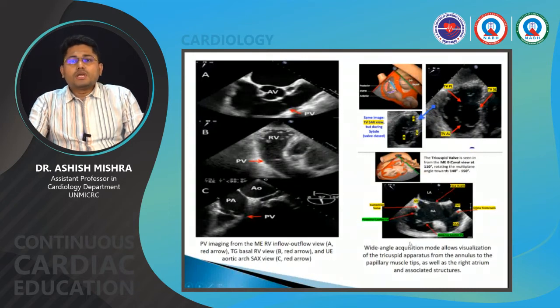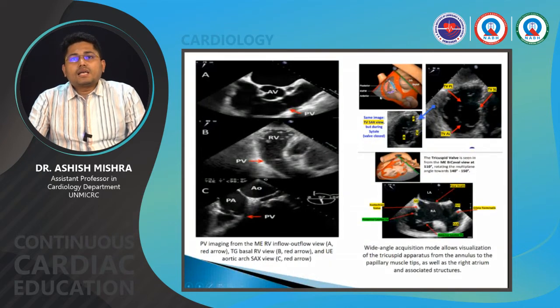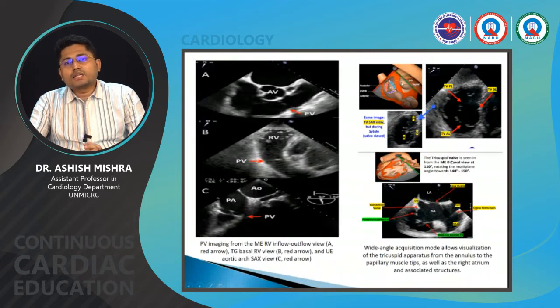This is basically a dedicated view for the tricuspid apparatus. In fact, the highlighted view is the transgastric view, which is focusing on the short axis at the tricuspid level. It is the only view in which we can see all three leaflets of the tricuspid valve. So this is again important when we are guiding transcatheter procedures for the tricuspid valve.